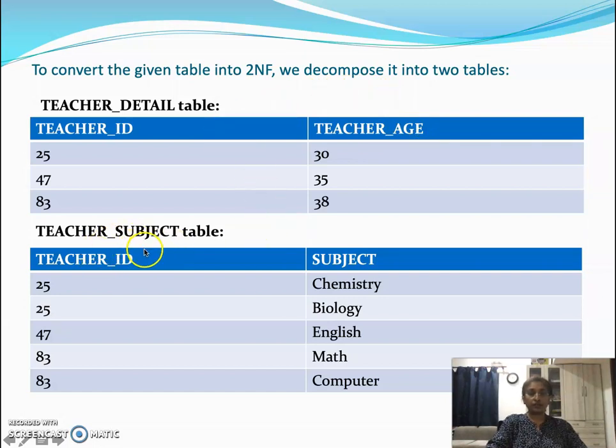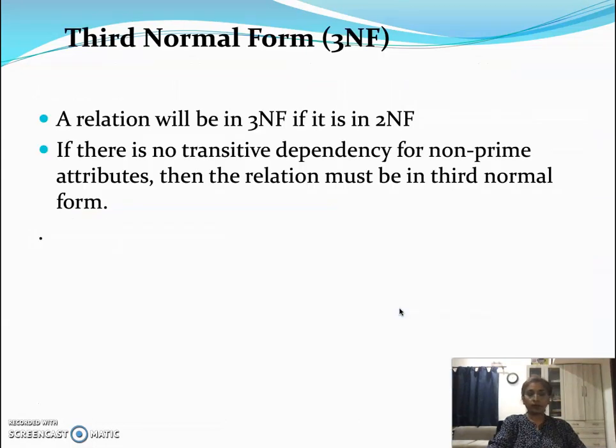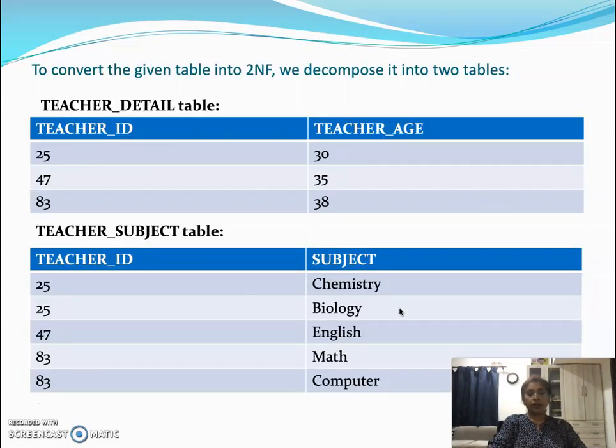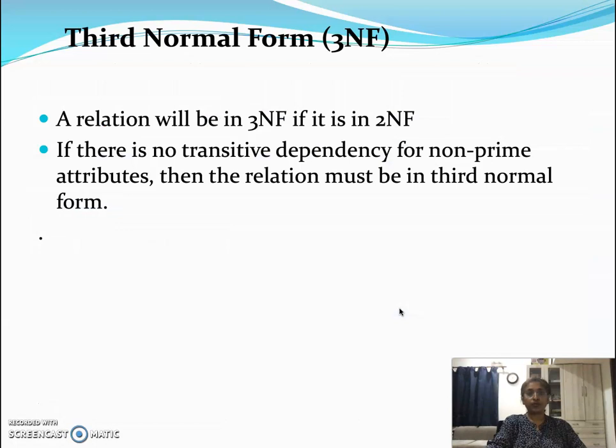Similarly, teacher subject is another table where teacher ID and subject are functionally dependent. These two tables together form a 2NF normalization. This perfectly applies all rules.